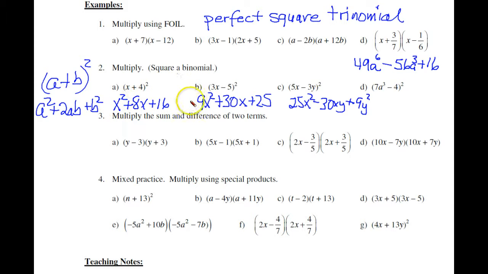Well, the first and last terms are all perfect squares. And the middle term, if we take the square root of this, we get 4 and double it, is 8. Here we take the square root of that, get 3. Take the square root of that, get 5. 3 times 5 is 15. Double it, you get the 30. That's basically what we were doing up here, and it works for all of them. Perfect square trinomials that come from squaring a binomial.